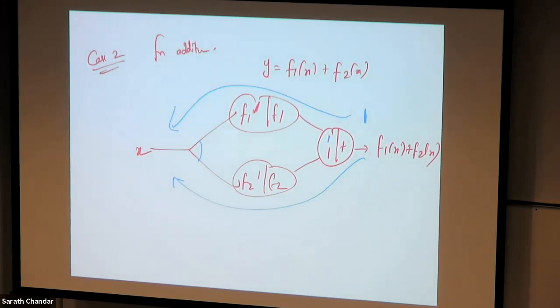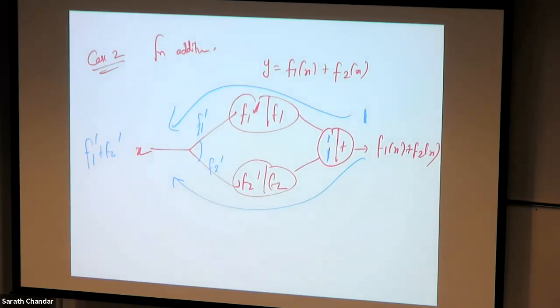Then I multiply it with F1 dash, so I get F1 dash coming here. Similarly, I take this 1 and this 1, multiply, and come to F2 dash, so I have F2 dash coming here. Whenever there is a connector, you add them together, so you get F1 dash plus F2 dash.